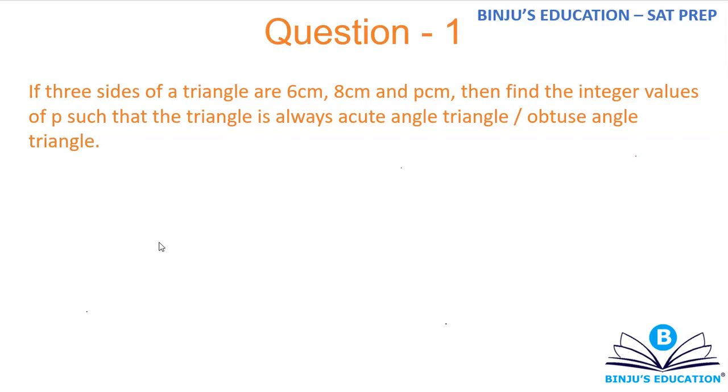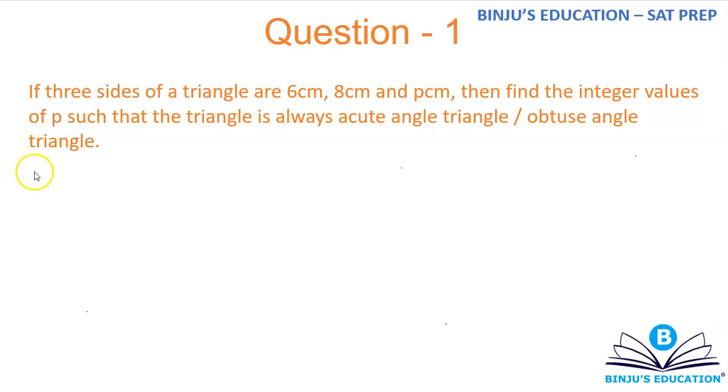Now whatever type of triangle you may have, whether acute or obtuse, one thing that stays constant, which we discussed while doing the basics of triangles, is that the sum of any two sides is always greater than the third one and the difference is always less than the third one.